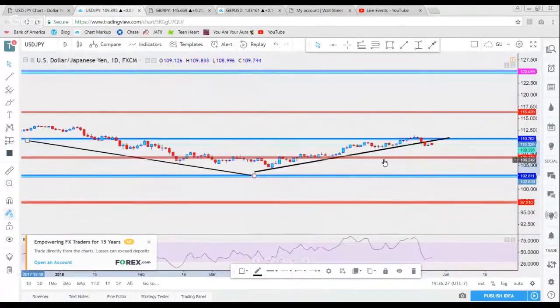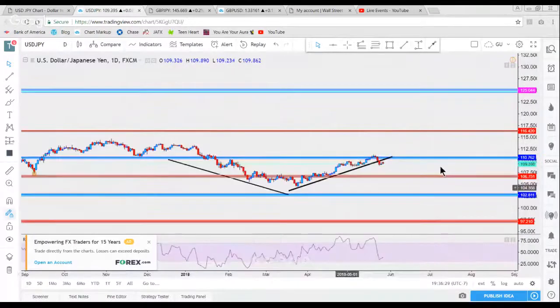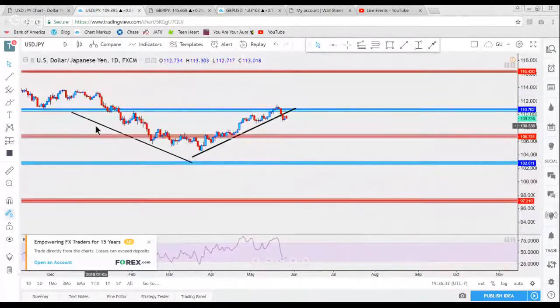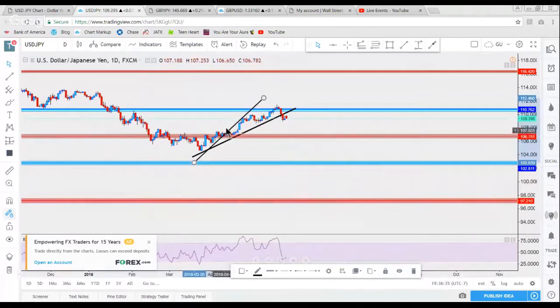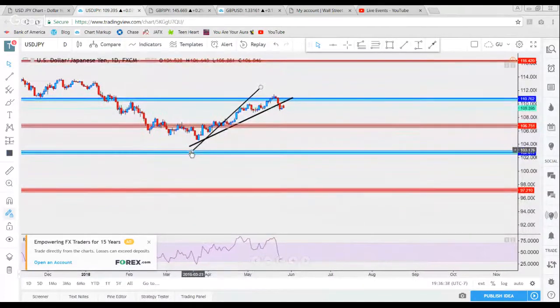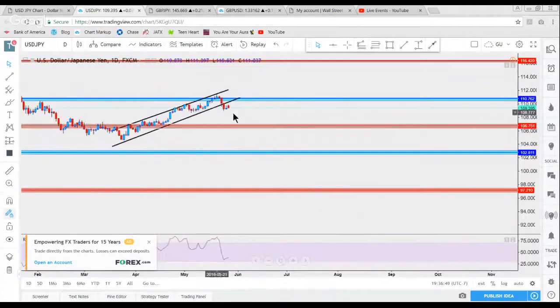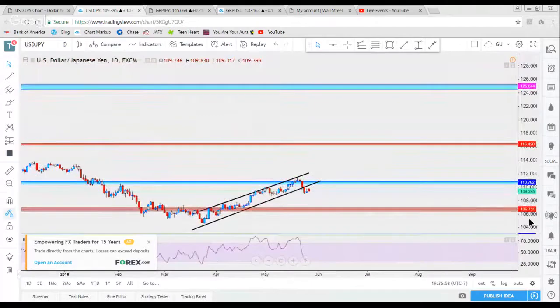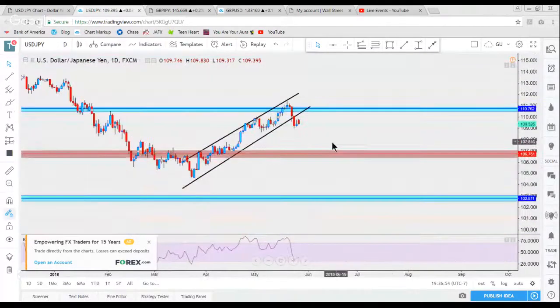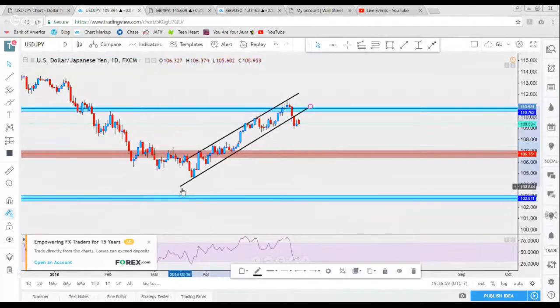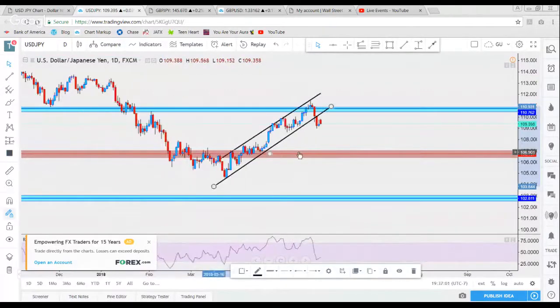Moving to the daily. So this is also what I saw on my iPad. This candlestick formation, it formed kind of like a wedge in a way.